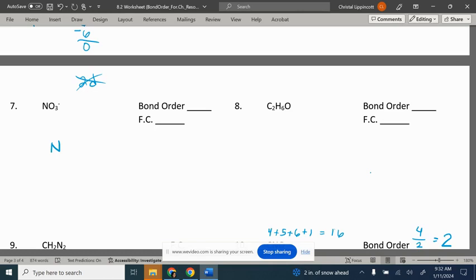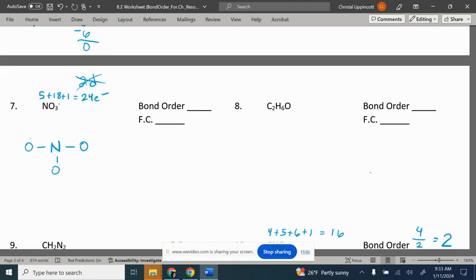Well, let's count up our electrons. We have 5 for nitrogen, we have 18 for our oxygens, plus our extra 1 here. So 6 and 18 is 24 electrons. Nitrogen's going to go here. I'm going to have 3 oxygens coming off of it, and then I'm going to start getting my electrons placed.